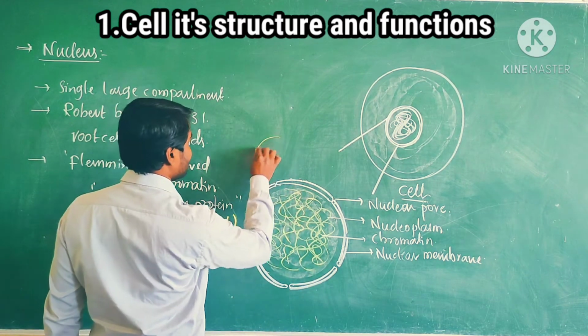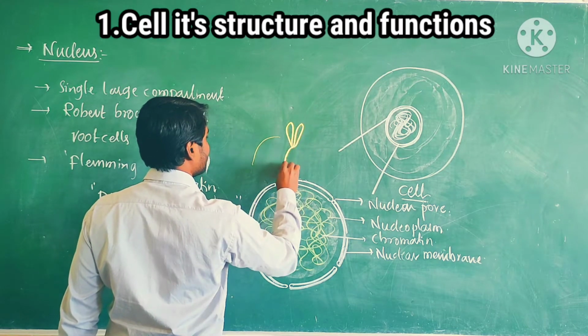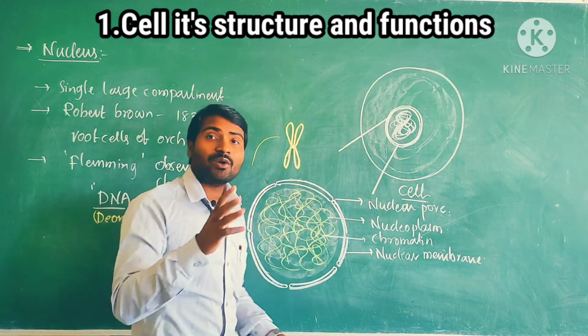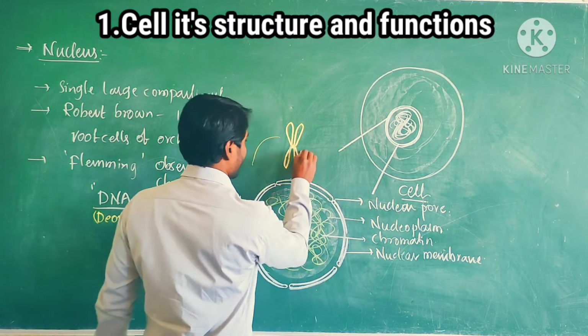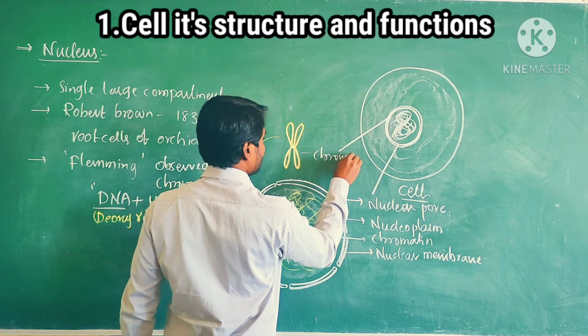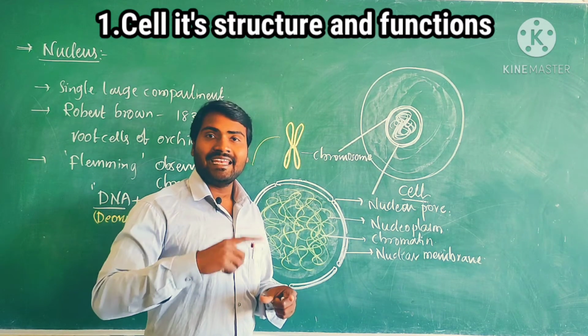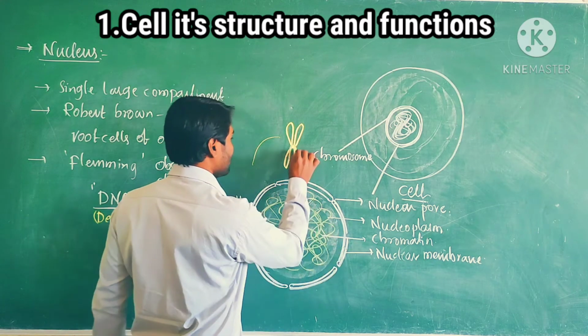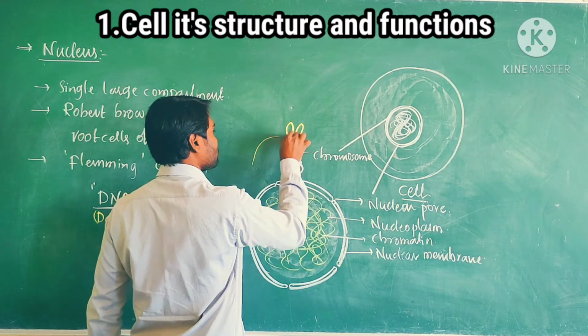These thread-like structures become very contracted structures. This chromosome contains highly coiled DNA.